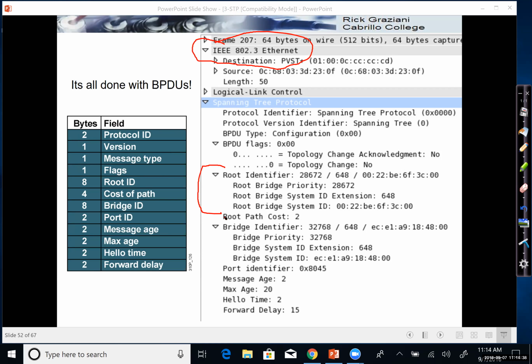But once all these BPDUs get exchanged within the Ethernet LAN, they find out whether or not they are the root bridge. If another switch has a lower bridge ID, they'll change the root identifier from their own bridge ID to that of whoever has the lowest bridge ID. That's how they all eventually determine which switch is the root bridge.